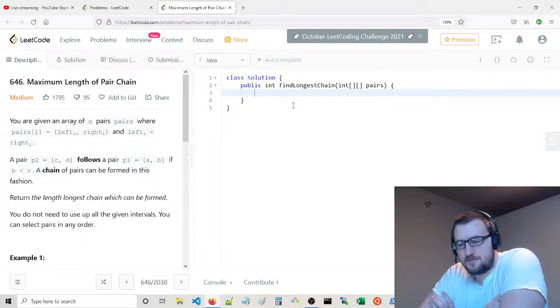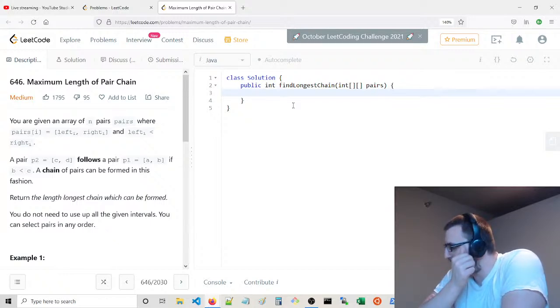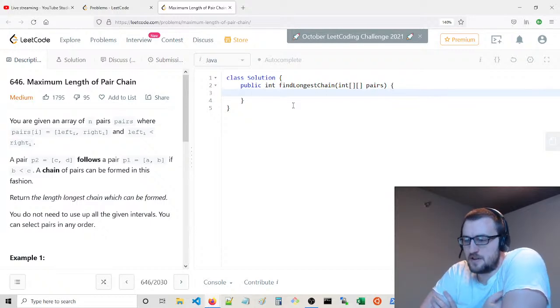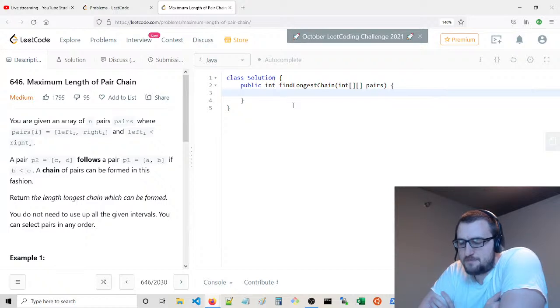It's a little more wonky to try that, because with the longest increasing subsequence problem, every integer is just a single integer. We're not dealing with pairs of integers. Whereas when you update your interval, you update the previous interval, you actually change two numbers rather than one. And it's not obvious how that affects the rest of the algorithm.